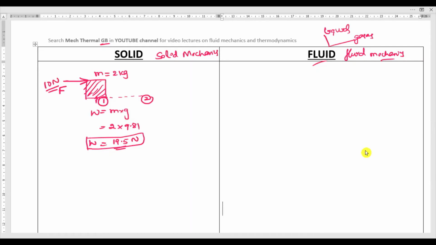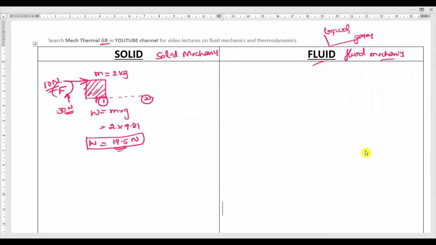So to get the deformation of this body, to move this body from one point to 2, we need to apply more than 9.5 Newton load. So for example, I will increase the value of F to, let us consider, 30 Newton.